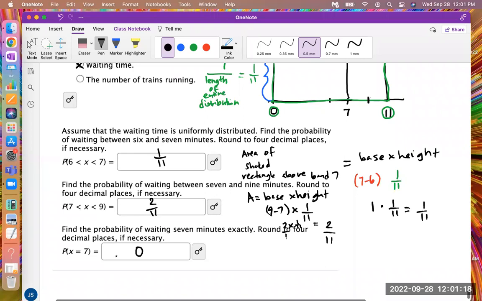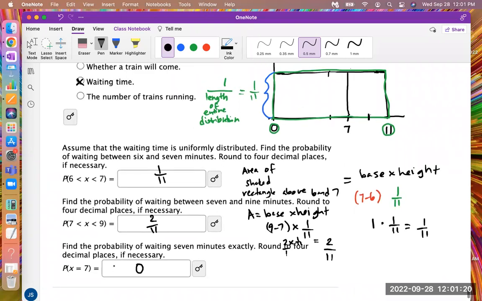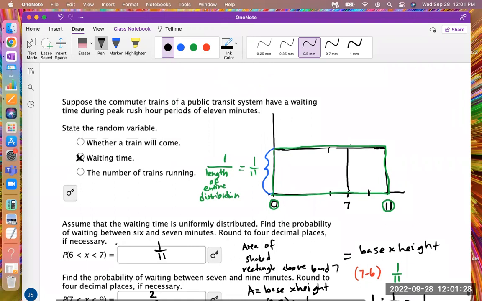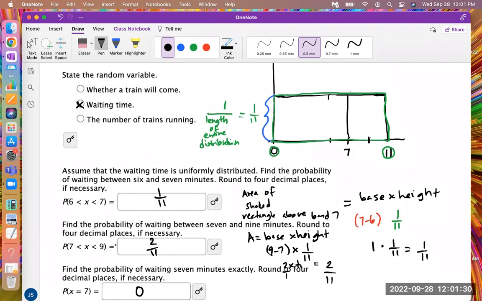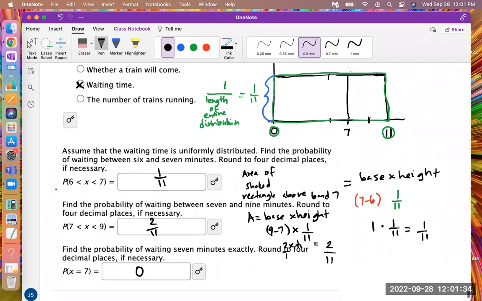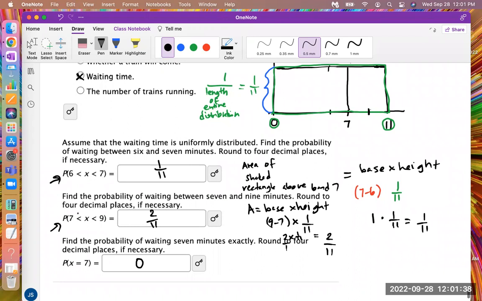And this last problem is just a reminder to us that it only makes sense to calculate probability for a continuous random variable over an interval. So it only makes sense to do between 6 and 7, or between 7 and 9, or on some interval, but it does not make sense to find the probability of exactly a particular number.